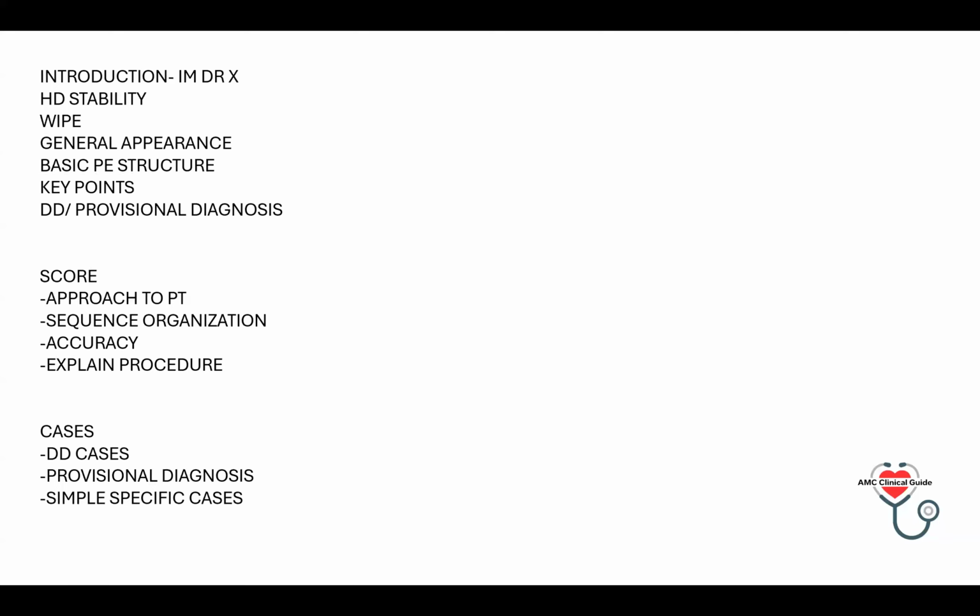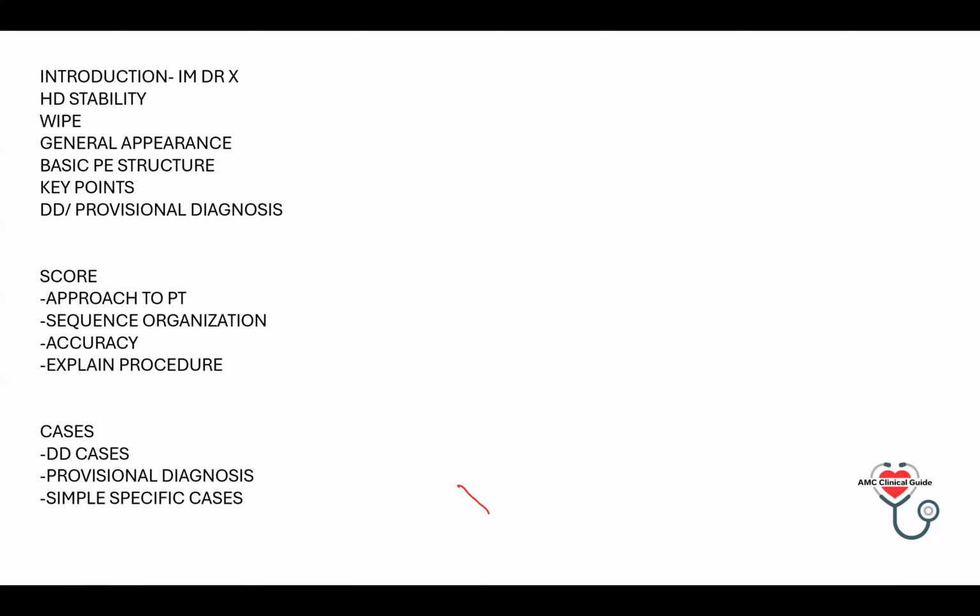But sometimes there are different types of cases. Sometimes it can come as a case with some diagnosis. They give some history and examination findings so that you know this is going to be this case, that you have a provisional diagnosis. In that type of case, you have to do the basic examination plus some key points, depending on the case.